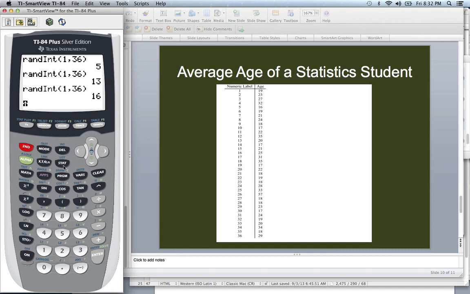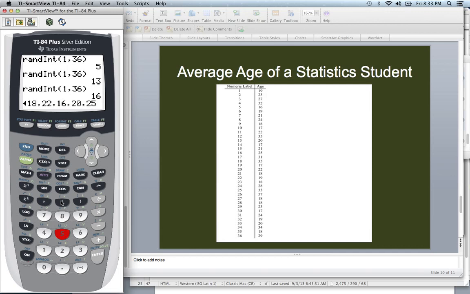One way I can do this is to go to Second Stat Math and choose number 3. If I remember right, I put braces here, using second function parenthesis, and what's above that is the brace. Then I'm going to type in 18, comma, 22, comma, 16, comma, 20, comma, 25.